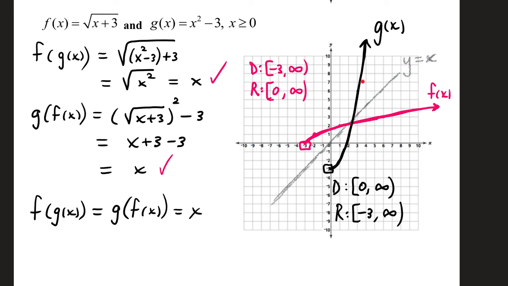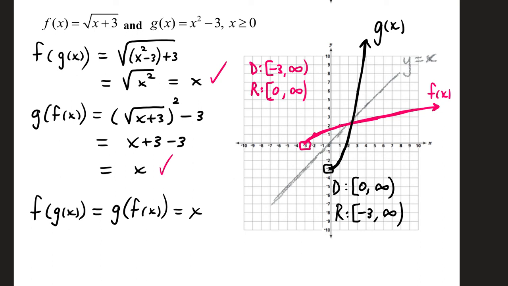Switching over to the parabola g of x, the first x coordinate that it's defined for is 0. X values can get larger, and they go all the way to infinity. The range is the set of y values covered by the function. At this lowest point, the y value is -3. The y values only get larger from there, so we go to infinity.